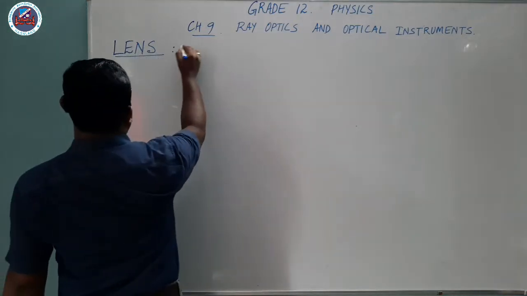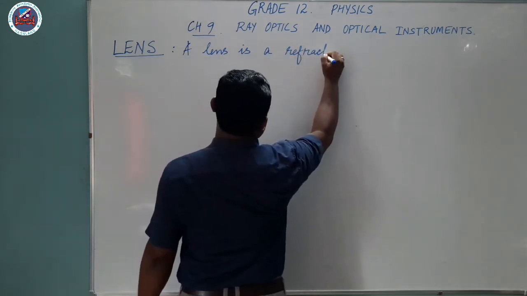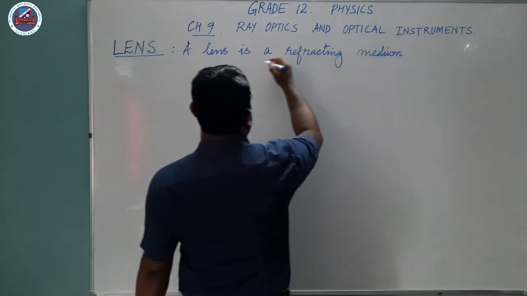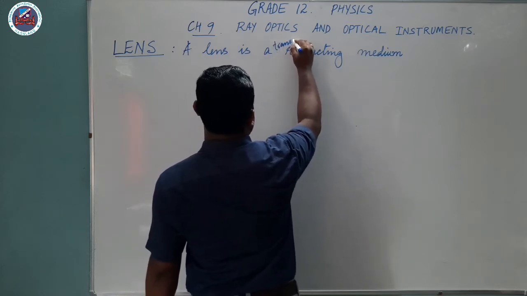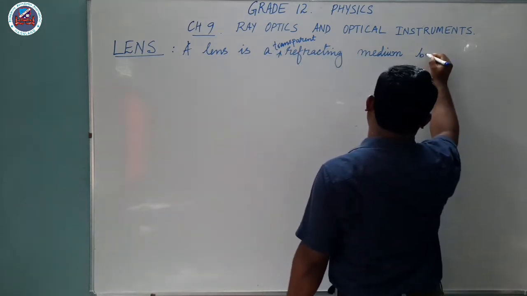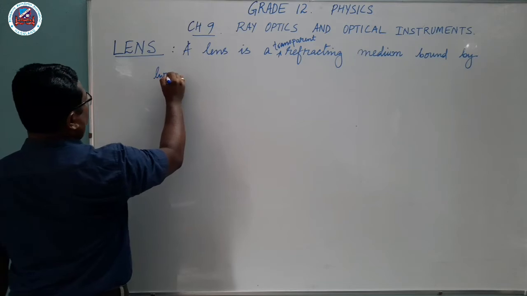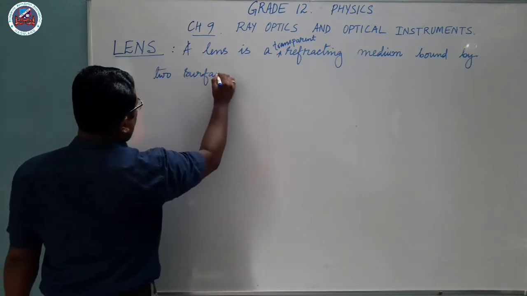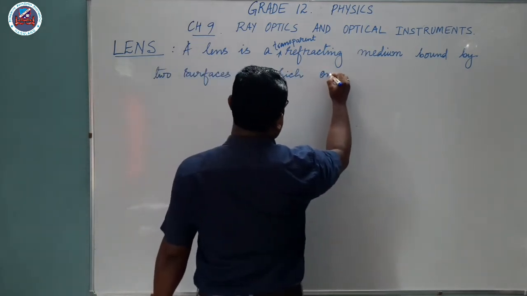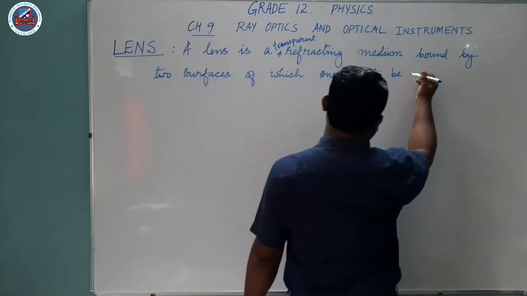I am writing down here, a lens is a transparent refracting medium bound by two surfaces, of which one must be curved or spherical, you can say.